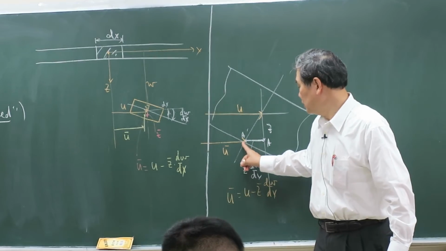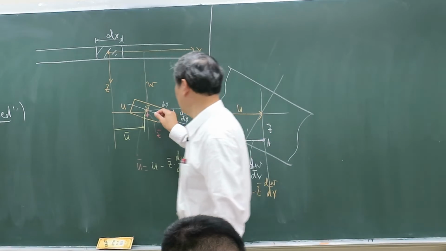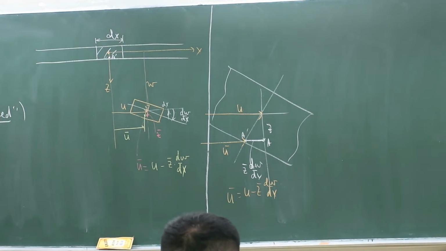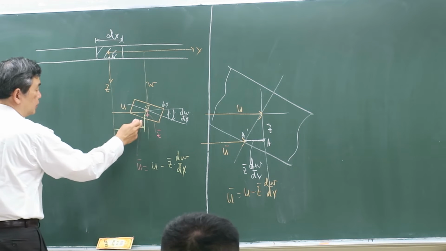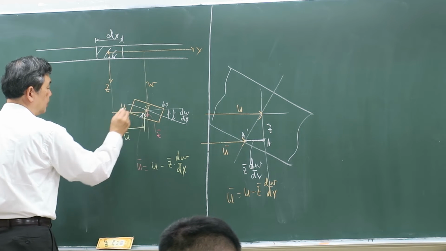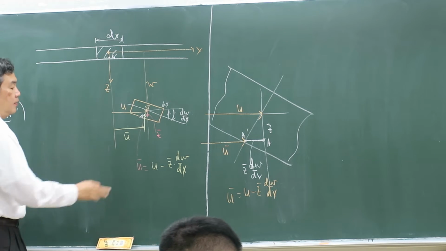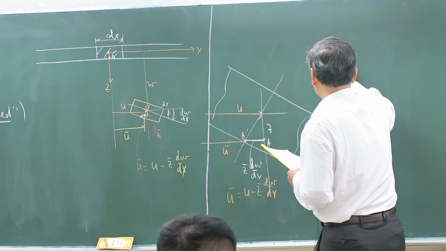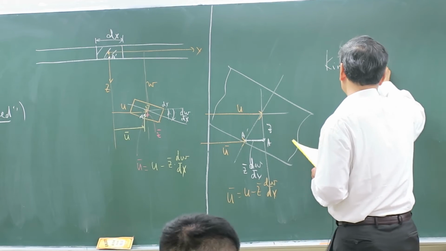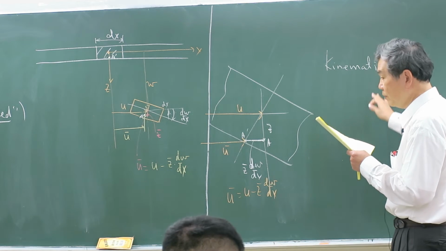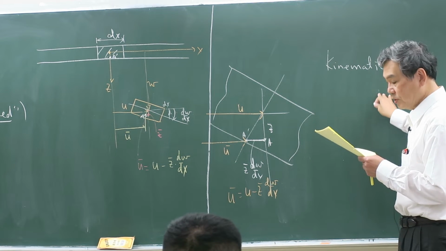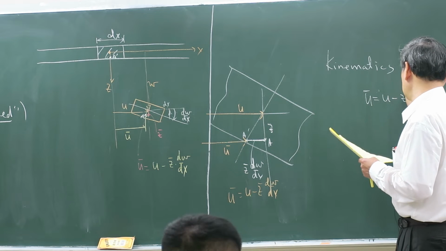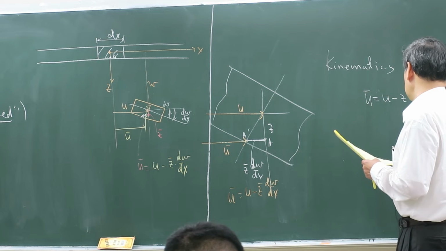So the horizontal displacement for point A is to this A prime. So my kinematics, that's the most important in beam theory. We use the geometry and the kinematics: u bar is equal to u minus z dw/dx.